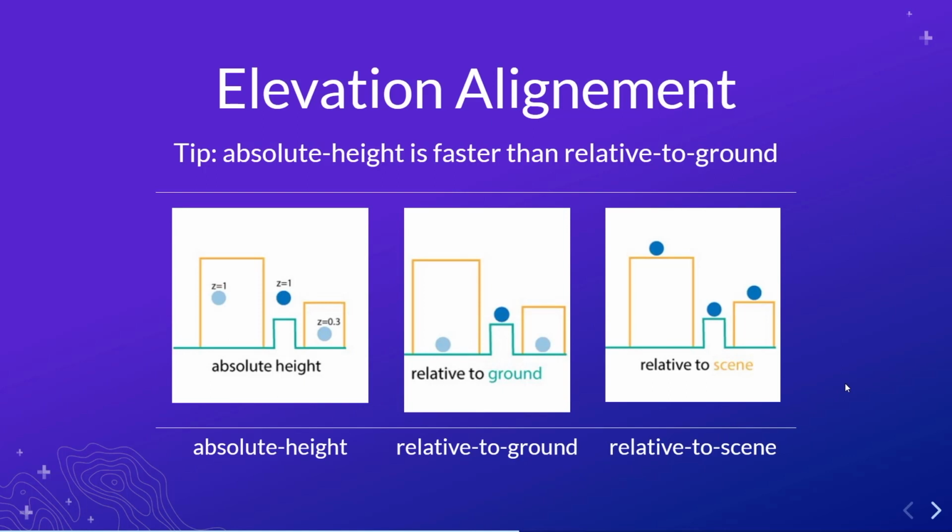Last but not least is the relative to scene elevation mode, which will not only align your data to the ground, but also to any scene layer content that is currently loaded at the position of your data point, meaning that not only elevation data needs to be sampled, but also scene layer data. Obviously, this mode incurs the largest performance penalty out of these three modes.